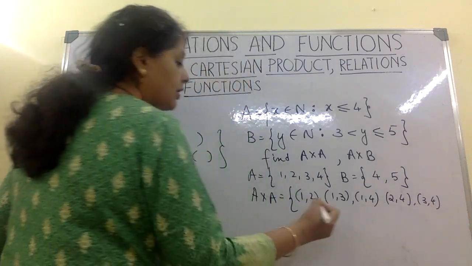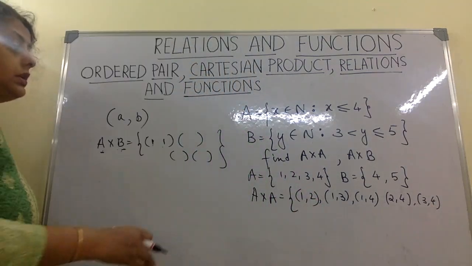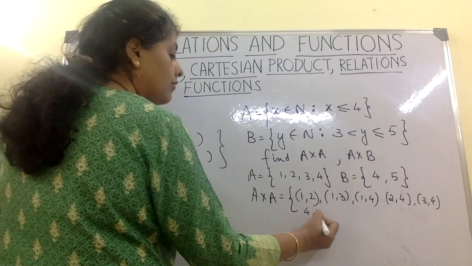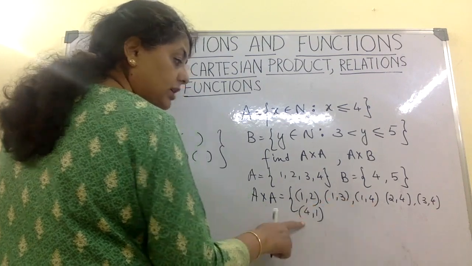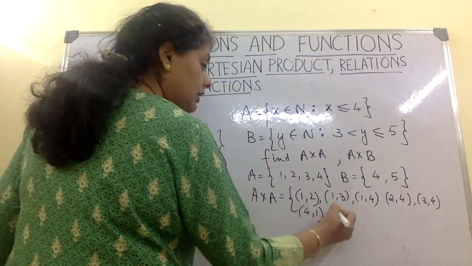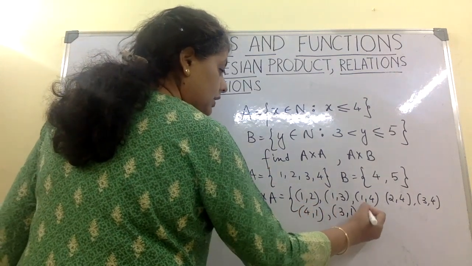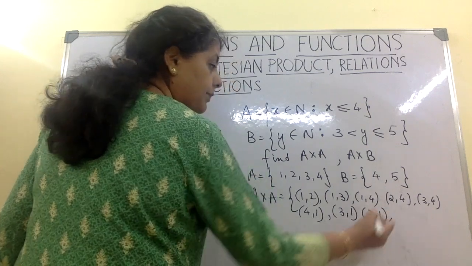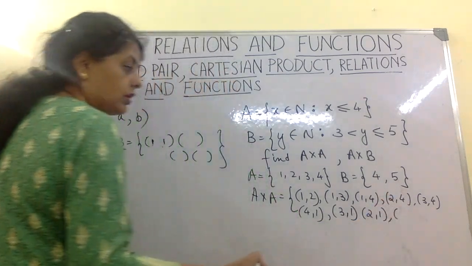Then we'll take 4, 1. We have 1, 4, but now 4, 1 is a different ordered pair. 4, 1, 3, 1, 2, 1. Now we'll get more.